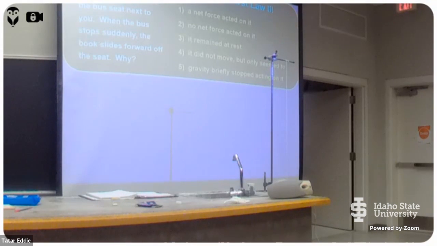This is a tricky one. Well, there was gravity, but that gravity is exactly cancelled by the normal force. Why did it move? Well, in reality, no net force was acting on it, assuming no friction.